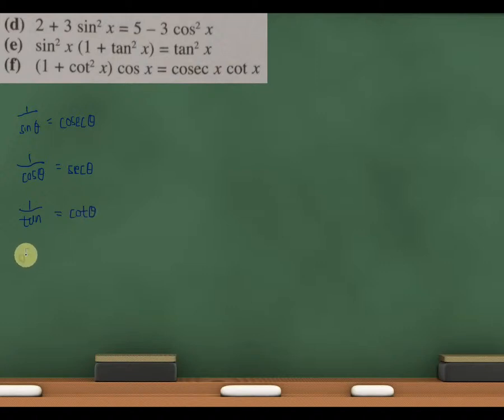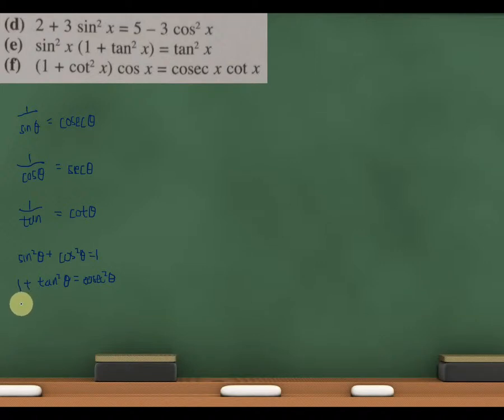The next one, the very famous identity. The next one will be derived from dividing sine square throughout. See, I don't need to memorize, I just need to work it out by dividing sine square.